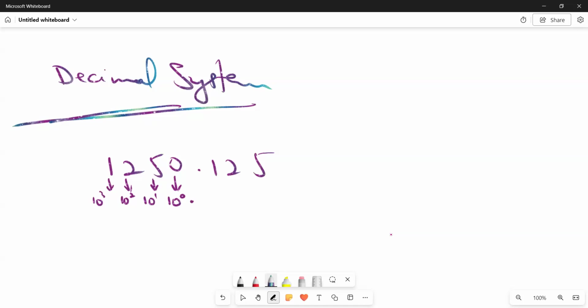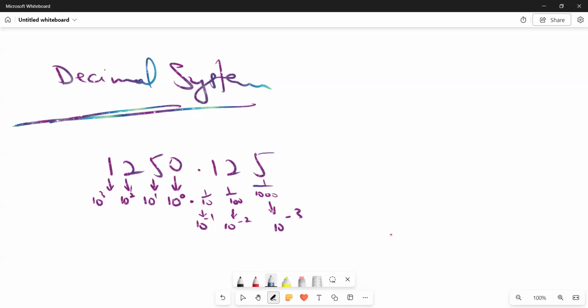The 1 here is 1/10, which is 10 to the -1. The place value of 2 is 1 over 100, which is 10 to the -2. The place value of 5 is 1 over 1,000, which is 10 to the -3, right?